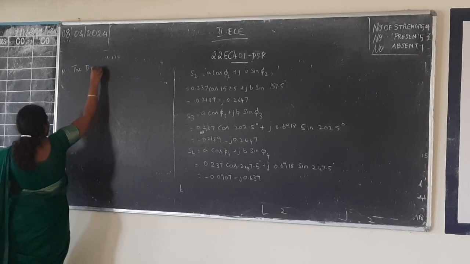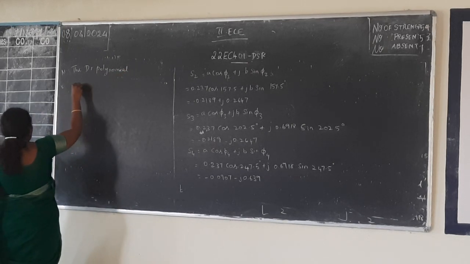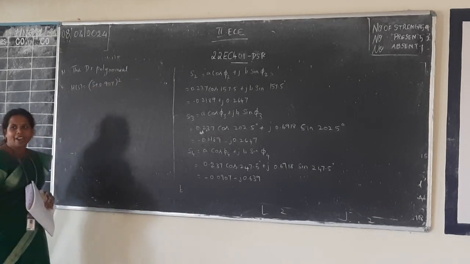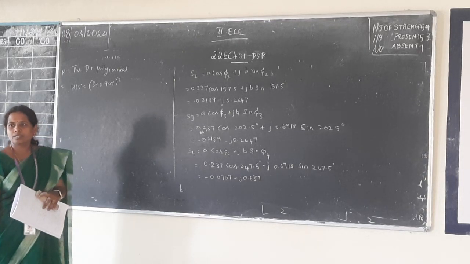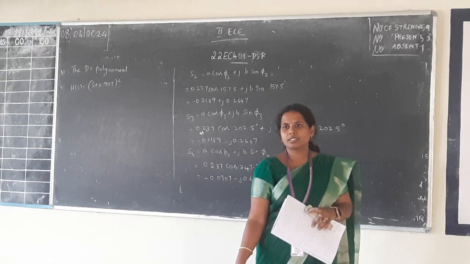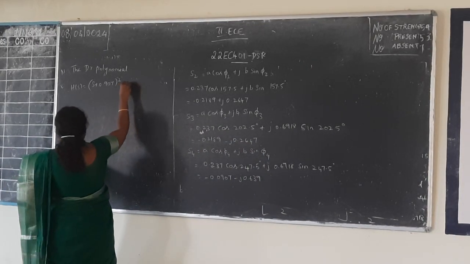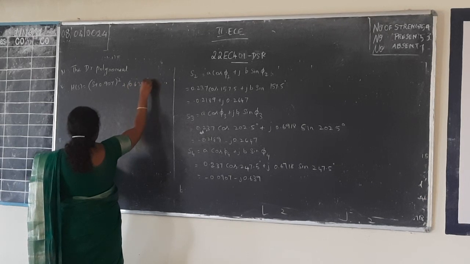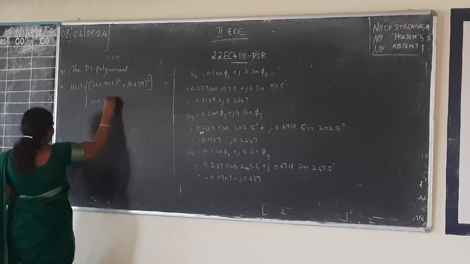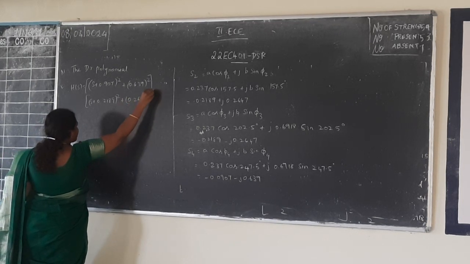The denominator polynomial is h of s is equal to s plus 0.0907 the whole square plus 0.639 the whole square, times s plus 0.2189 the whole square plus 0.2647 the whole square.